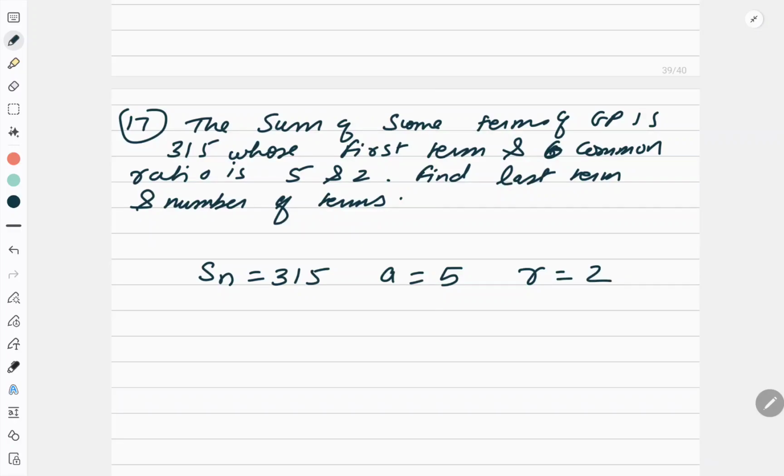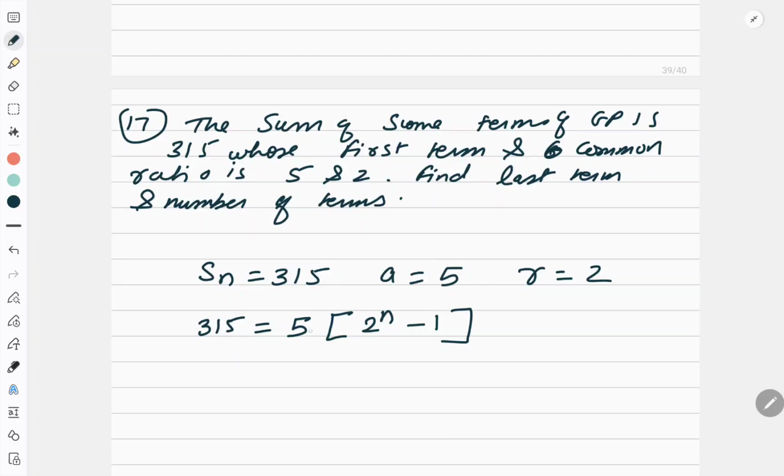So first of all, what is the formula for Sn? 315 is equal to a into r to the power n minus 1 upon r minus 1, that is 2 minus 1, which is 1. Correct? So this is a simple formula.